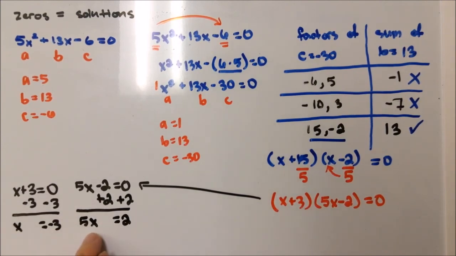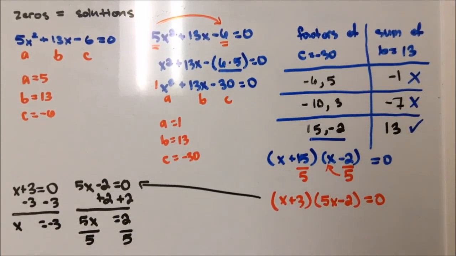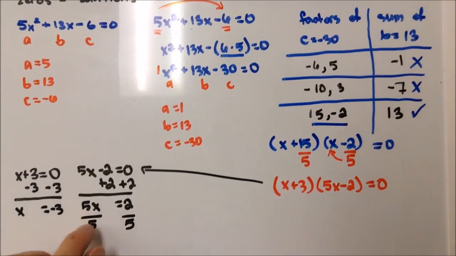And I need that x to be by itself. What I'm going to do is divide by 5 on both sides. And again, 5 divided by 5 equals 1. So it doesn't cancel out. It's going to be divisible by 5 and it becomes 1. So 5x divided by 5 is just x.